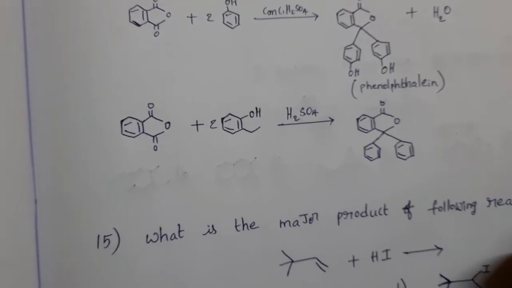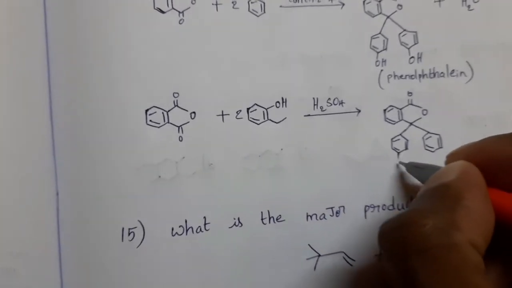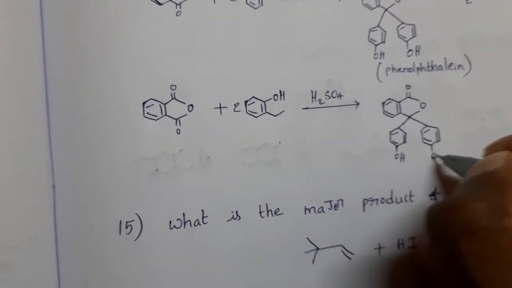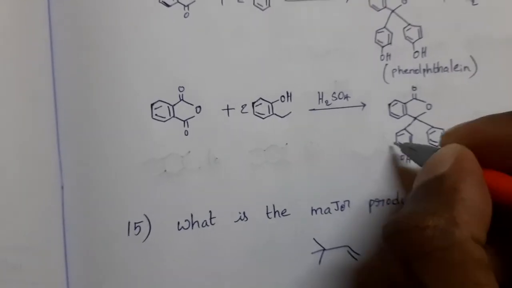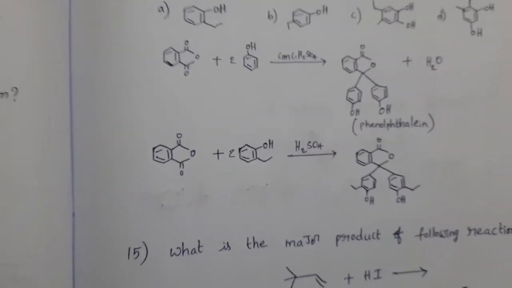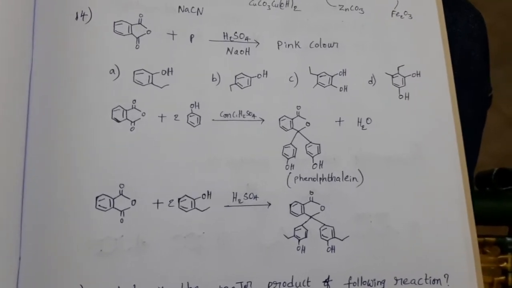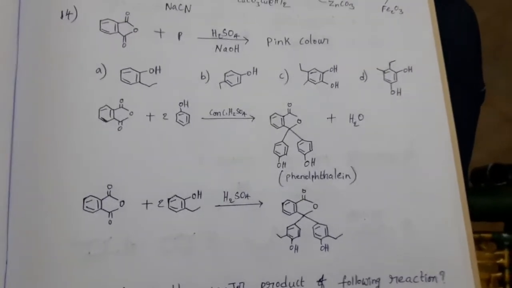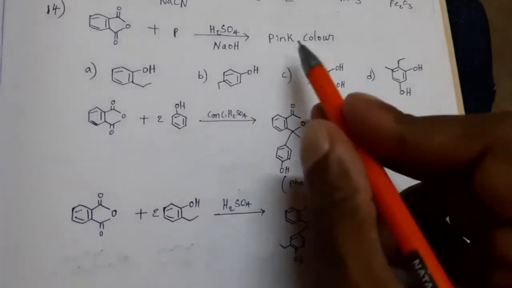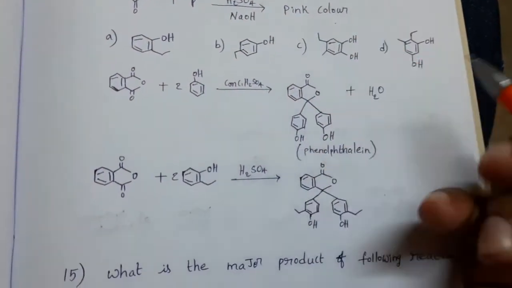This is the product in this case. So if we take option A in place of P, then we can get this product. It also gives pink color in presence of basic medium.